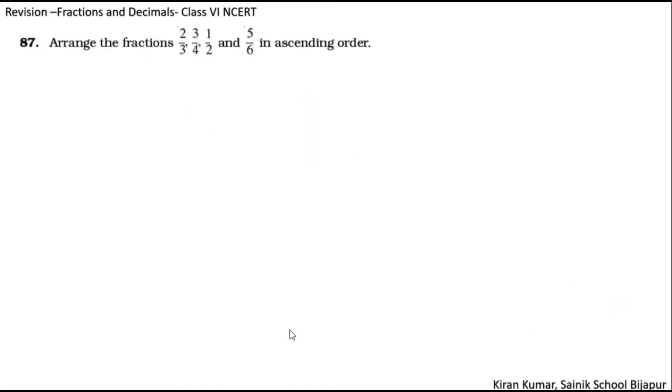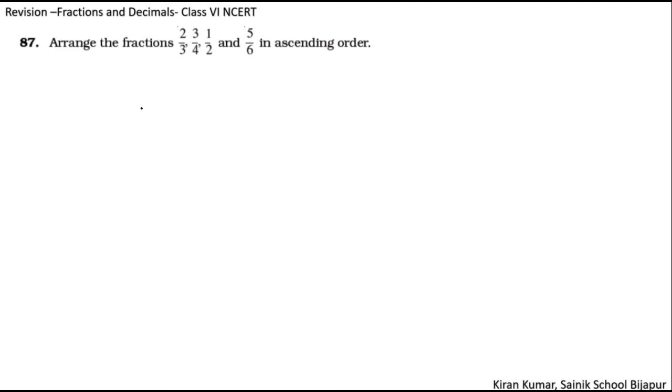This question is to arrange the fractions in ascending order. To arrange in an ascending order, we should write them in increasing order. So we should know how to compare the fractions here when the denominators are different or the numerators are different.